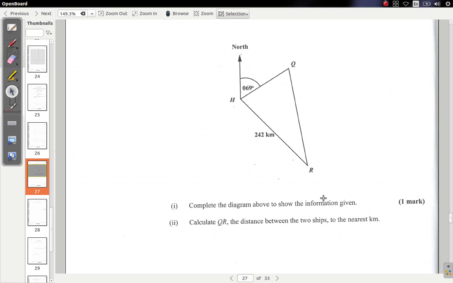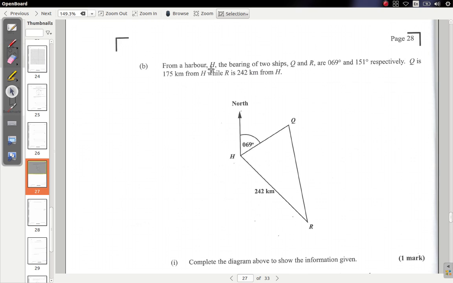Alright, they say copy and complete the diagram. They say the bearings of the two ships, Q and R. What you do is draw the diagram on paper, copy and complete the information for me. So pause the video and do that. Alright, you've done that already.